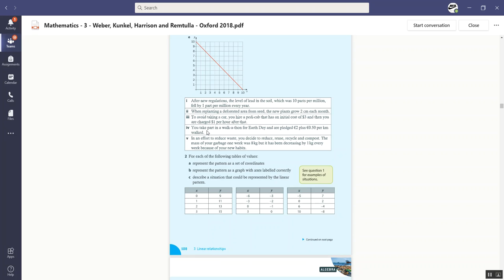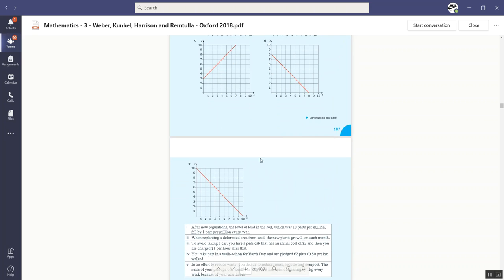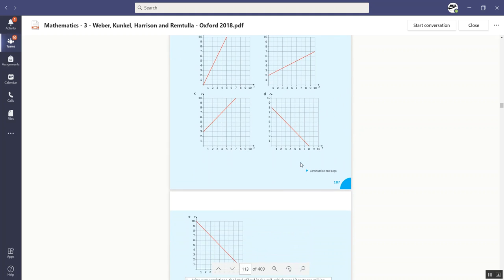Part 4, you're taking part in a walkathon. You're pledged $2 or €2 plus 50 cents per kilometer walked. So you're starting off at what particular value for this one? Yeah, you're starting at 2 and it's going up by 50 cents. So which one's that, Hannah?